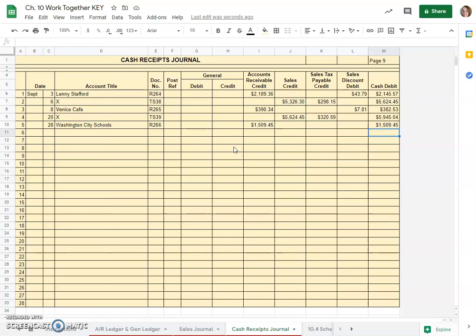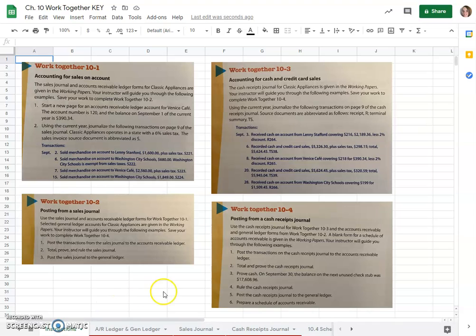And that is the full gamut of the transactions for our cash receipts journal. And that, I believe, does everything that we were asked to do in Work Together 10-3, which was just to journalize these transactions. So we're done.